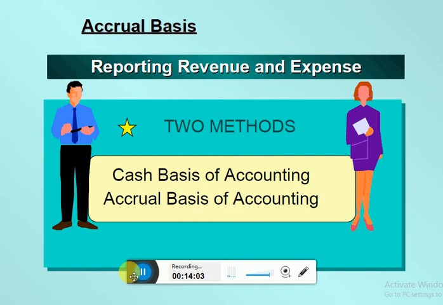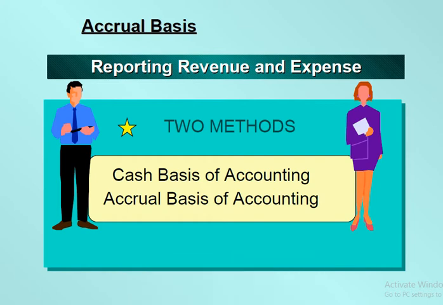There are different approaches to accounting: cash basis of accounting and accrual basis of accounting. The cash basis of accounting will record only the cash transactions, and accrual basis of accounting will record not only the cash transactions but also the credit transactions.